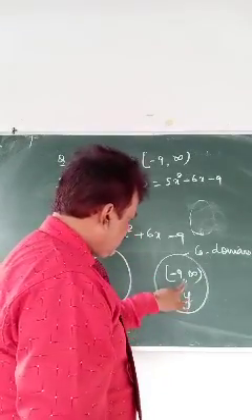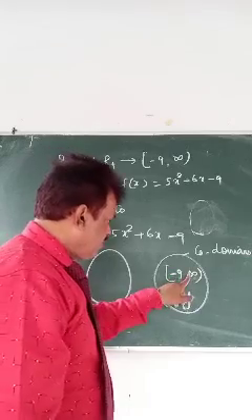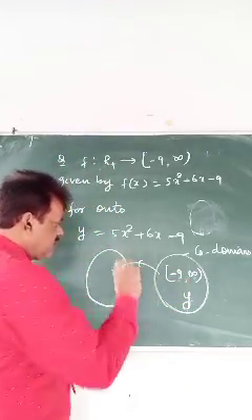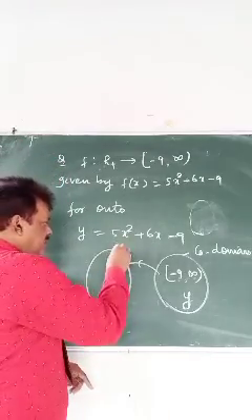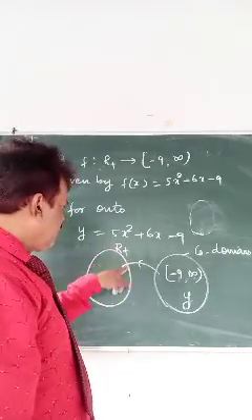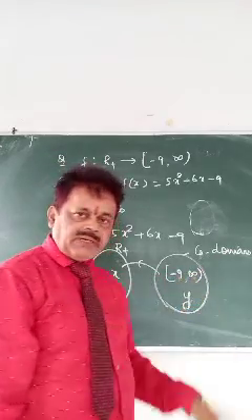So y is any element between this. For an element y, there should be an element x here. That x we will find out whether it is present in the real numbers plus or not, because your domain is real numbers plus, codomain is minus 9 to infinity.